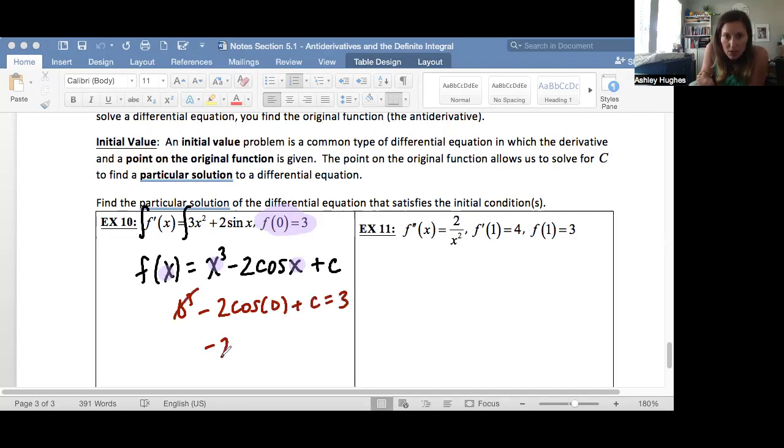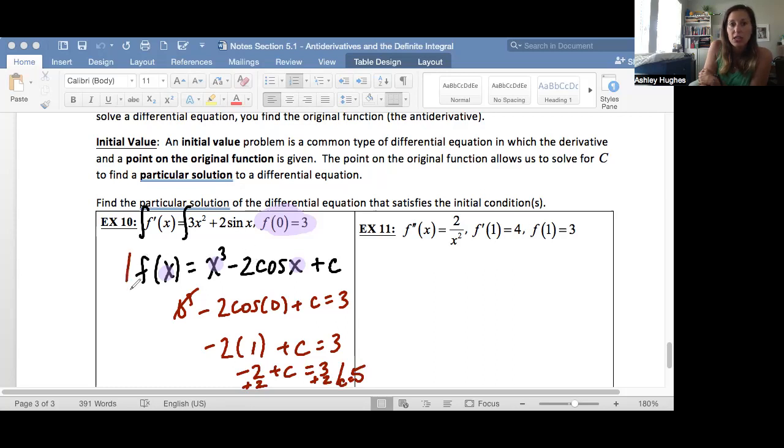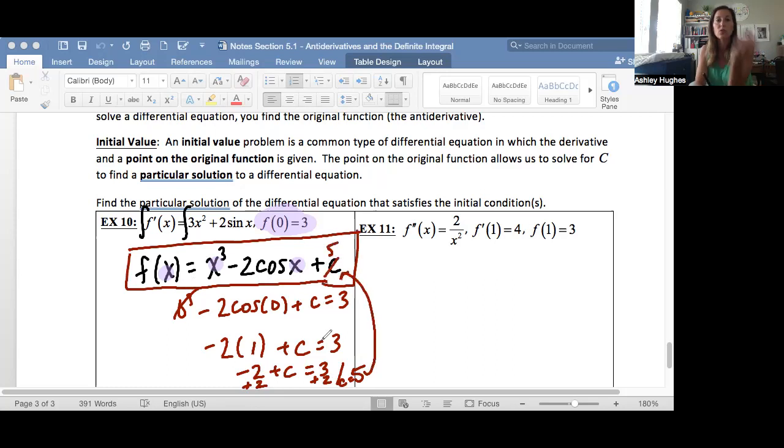So this is 0, cosine of 0 is 1. So negative 2 plus c equals 3, so add the 2 over. So c equals 5. So that means your function is this guy, but instead of writing c, you're going to write 5. So that's your original function. Take the derivative of it, you get this, and when you plug in 0, you get 3.